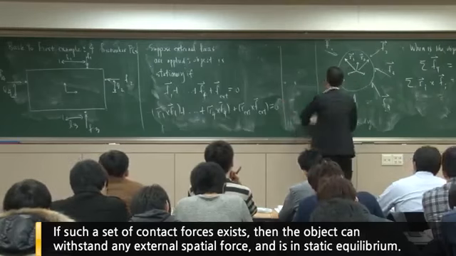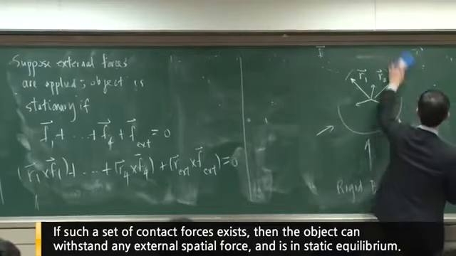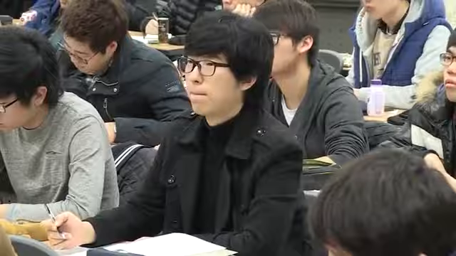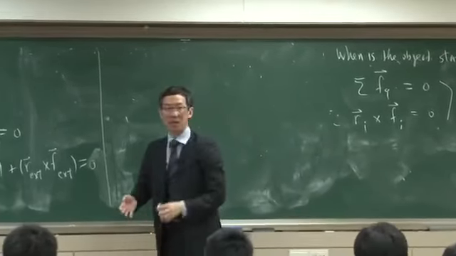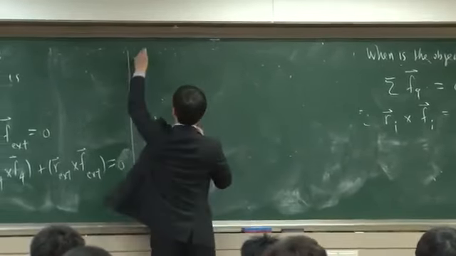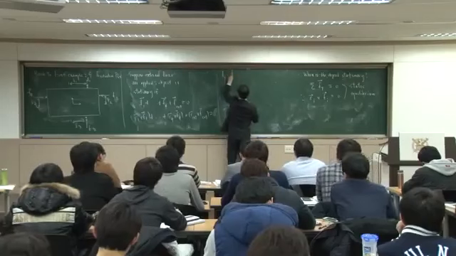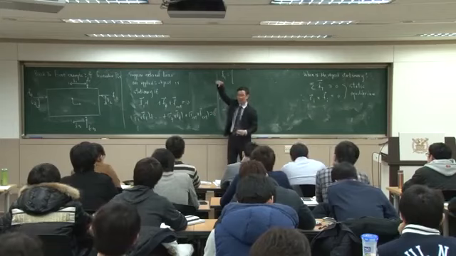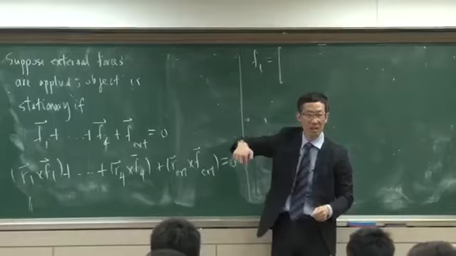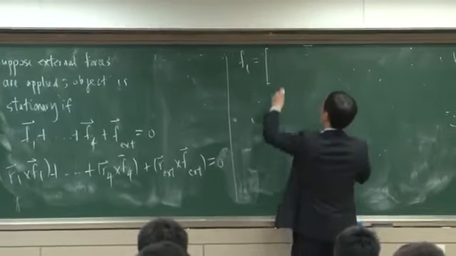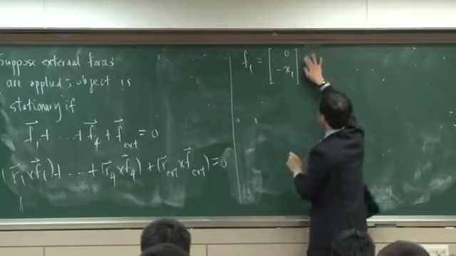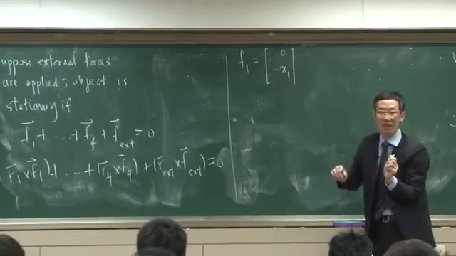All right, so now let's check that. Let's write down the forces. F1 is in the minus y direction, so F1 looks like 0, minus x1.